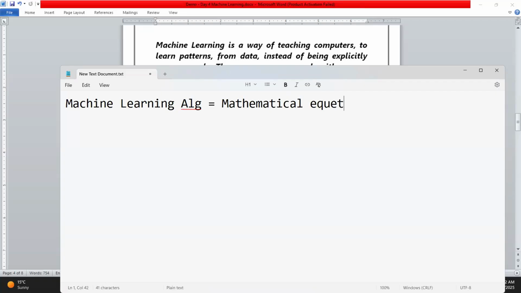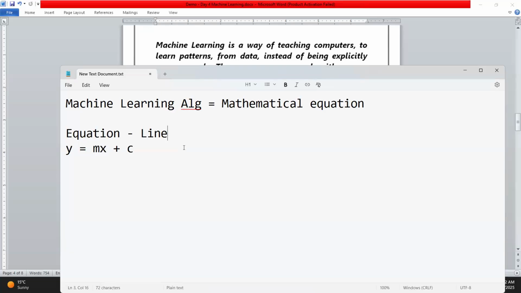They completely depend on maths, which also uses statistics. When I say mathematical equation, what exactly? For example, we'll say y is equal to mx plus c. We all know this one. This is called an equation. Particularly, it is a line equation.